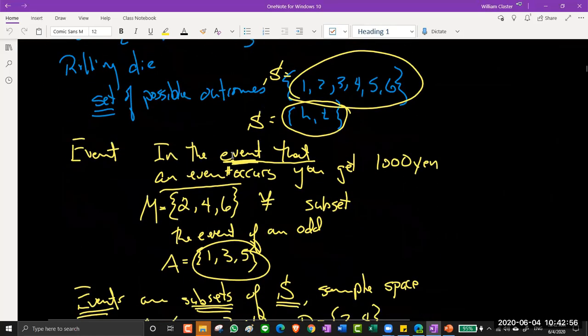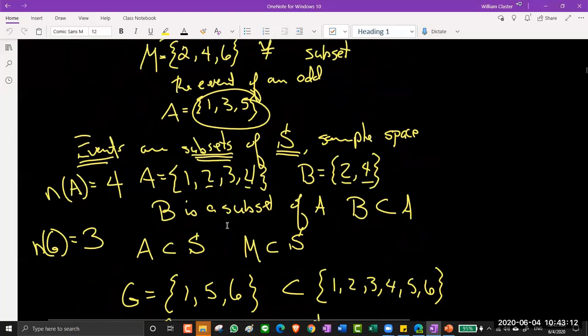And then we talk about events. And events are subsets of the sample space. So here's a subset of the rolling die sample space. And maybe you call this the even numbers, or maybe you call this one the odd numbers. Events are subsets of the sample space, and we use this symbol to indicate how many elements there are.